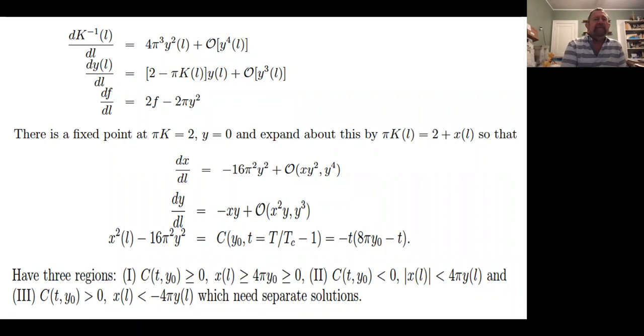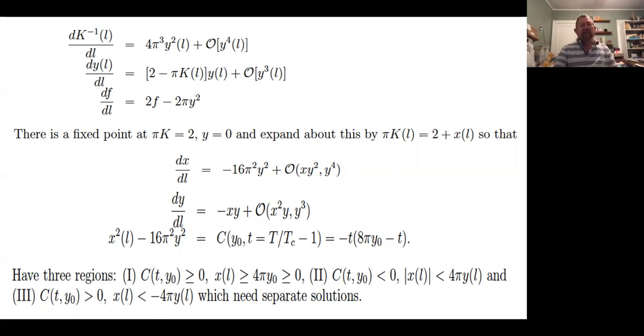And there's a fixed point at pi k equals 2, when dy by dl is 0, and of course also y equals 0 when dk to the minus 1 by dl is 0. And what we can do is expand about these fixed points by defining pi k is 2 plus x.